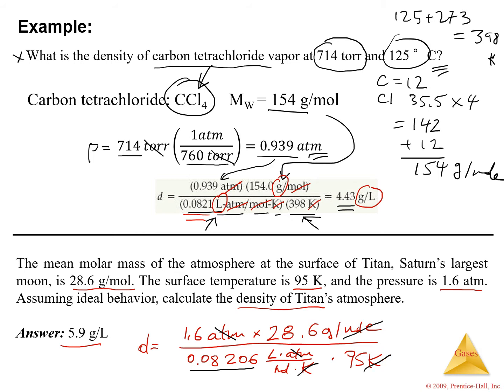We're able to cancel mole here. And the remaining unit is, of course, grams per liter. I didn't calculate this with a calculator at the very moment, but I believe that the number should be 5.9 or very close to it, and the unit is of course gram per liter. So that's a very simple application of the equation, rearranging PV equals nRT to calculate the density of the gas.